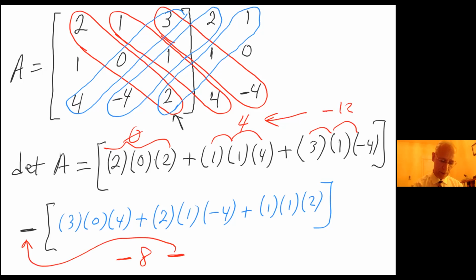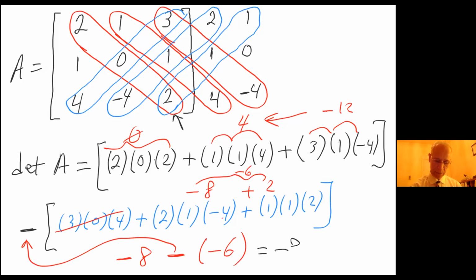So this is 0. This gives me 2 times -4 times 1 is -8 plus a 2. So that gives me -6. And so that equals -8 plus 6, and that equals -2.